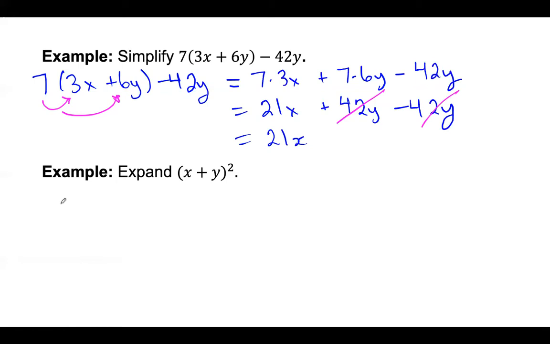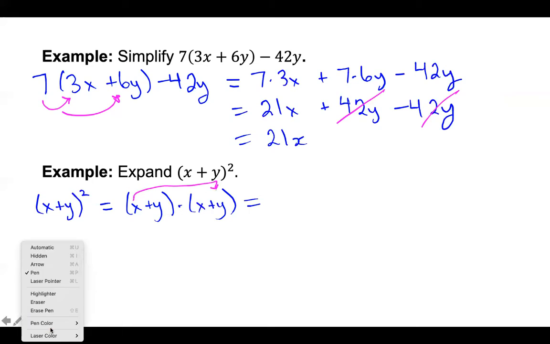Now to expand the second question, again, let's rewrite it. So (x plus y) squared, well, that's the same as (x plus y) times (x plus y). Now we're going to multiply and use the distributive property. So we're going to multiply our x with everything in here, and then our y with everything in here.